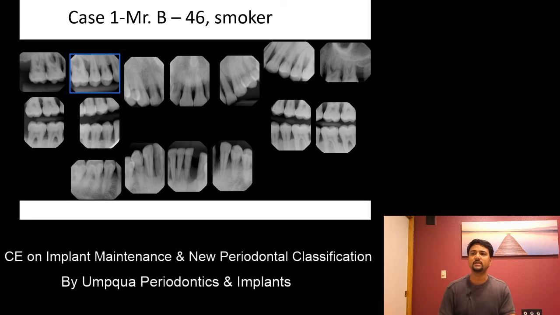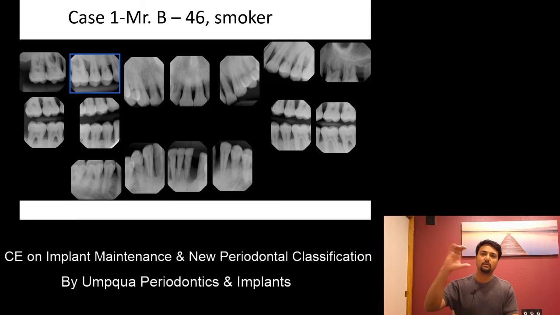Okay, what's the stage? I pick out the worst tooth just by looking at the radiographs, and I pick out number 26 as my worst tooth in the mouth. I can safely say the bone loss is up to the apical third. That already puts the patient at stage 4.